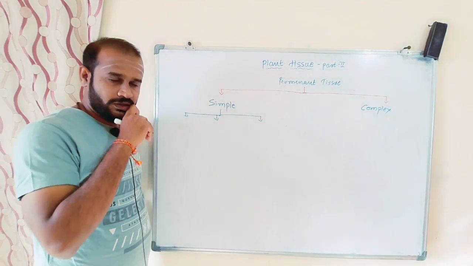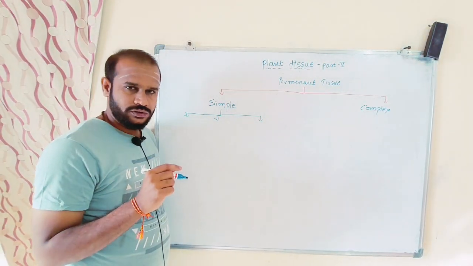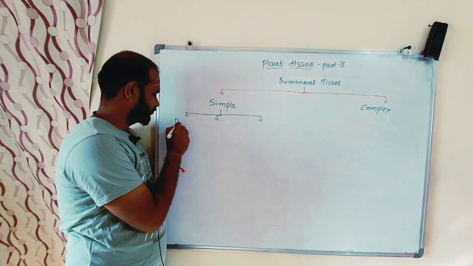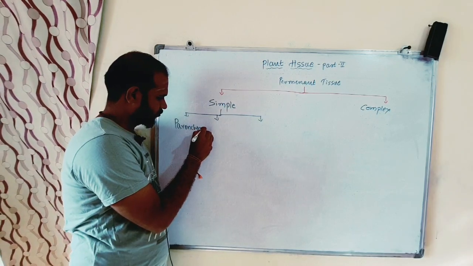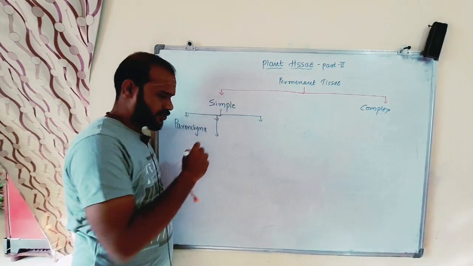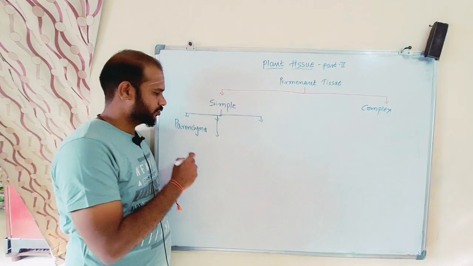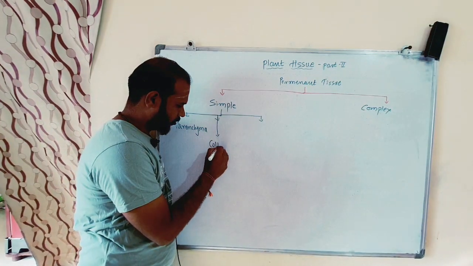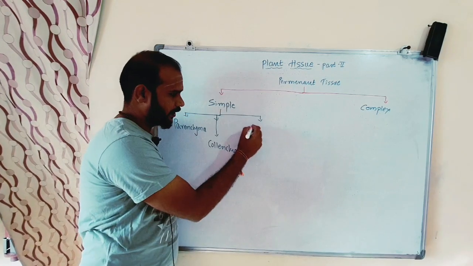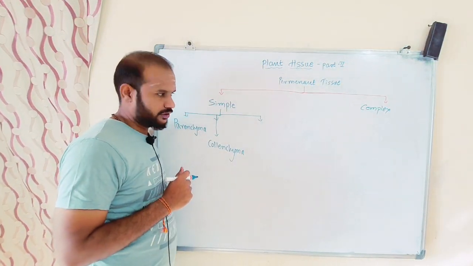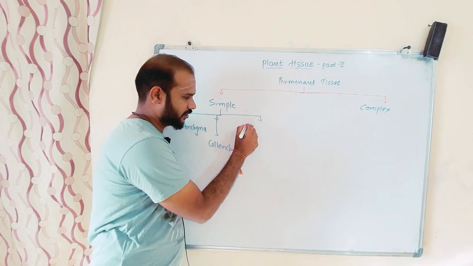Which are those? The first simple permanent tissue is parenchyma. The second is collenchyma. And the third and important tissue is sclerenchyma.